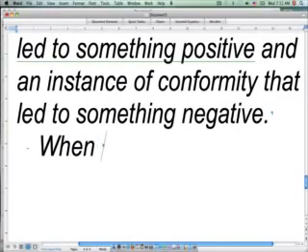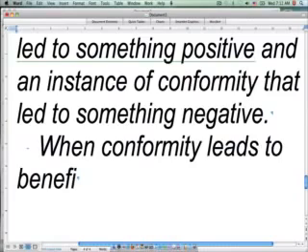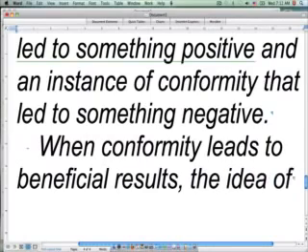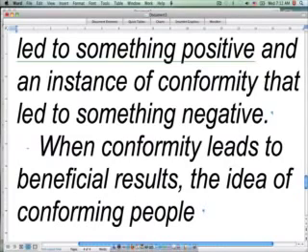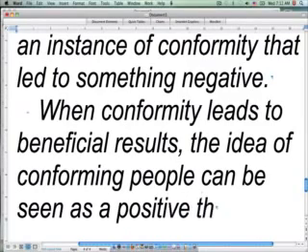So let's say when conformity leads to beneficial results, the idea of conforming people can be seen as a positive thing.